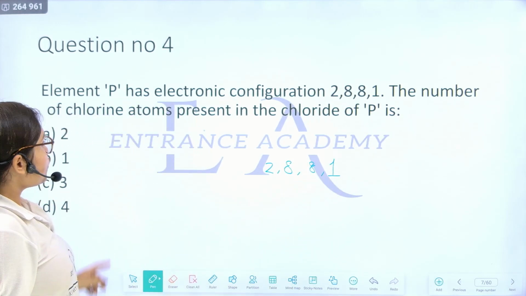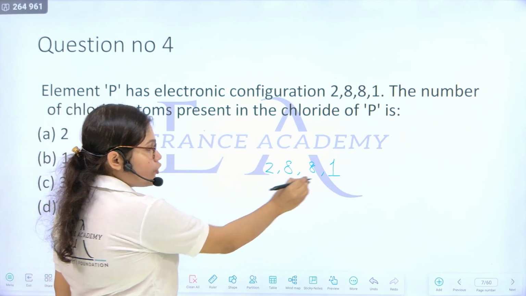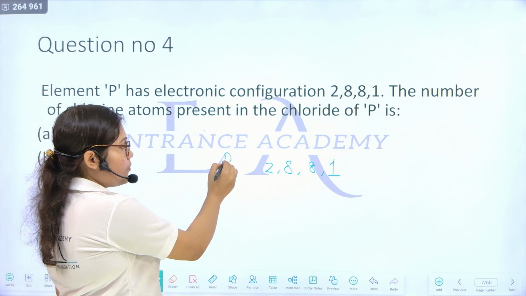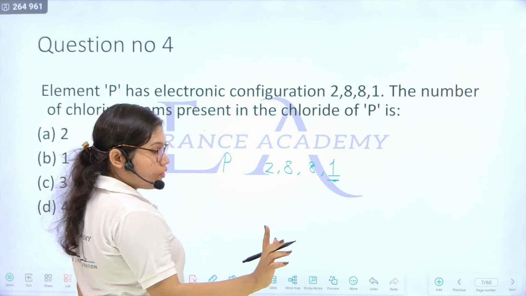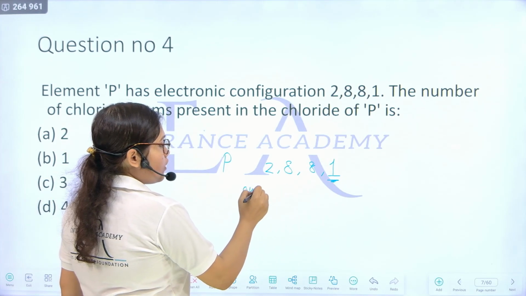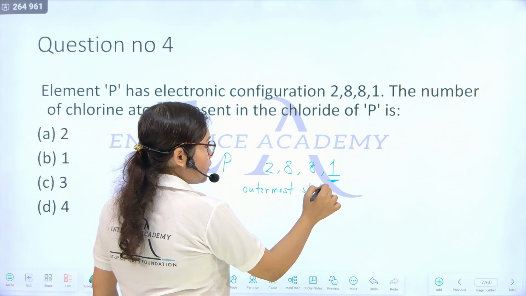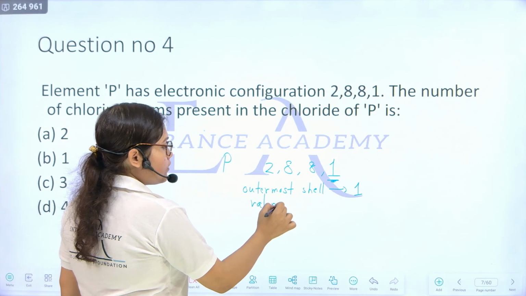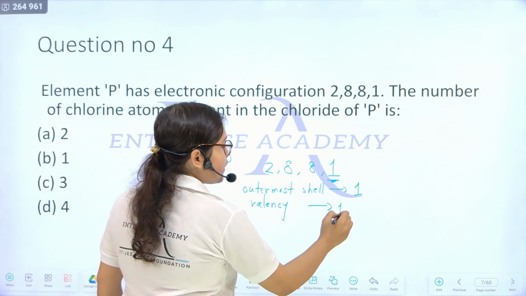The number of chlorine atoms present in the chloride of P. So if this is element P, the outermost shell has 1 electron, then the valency of P is 1.